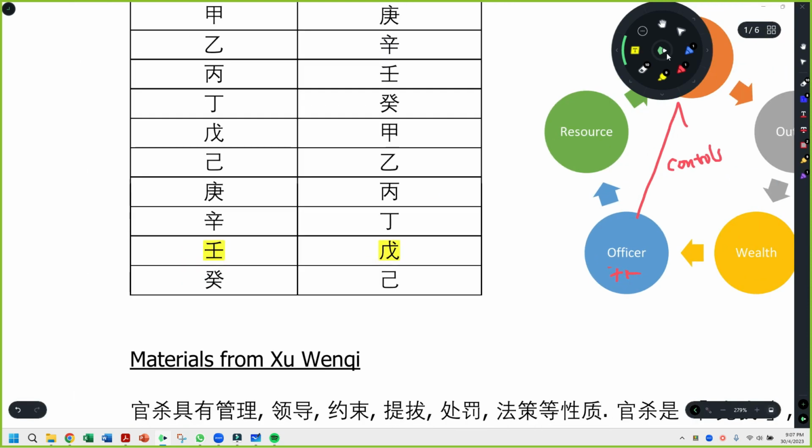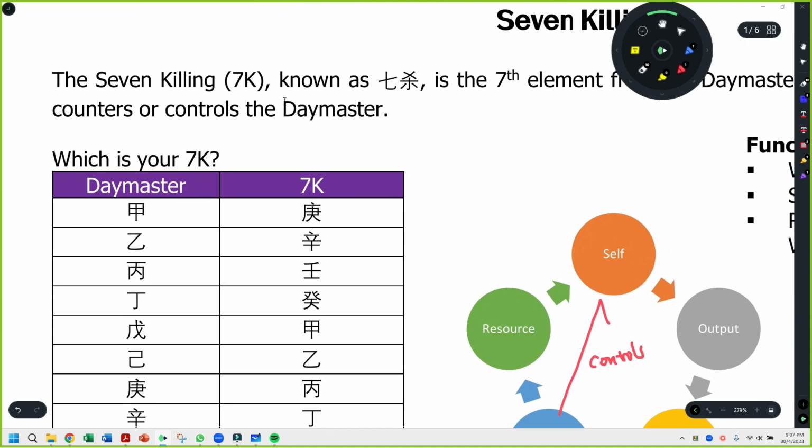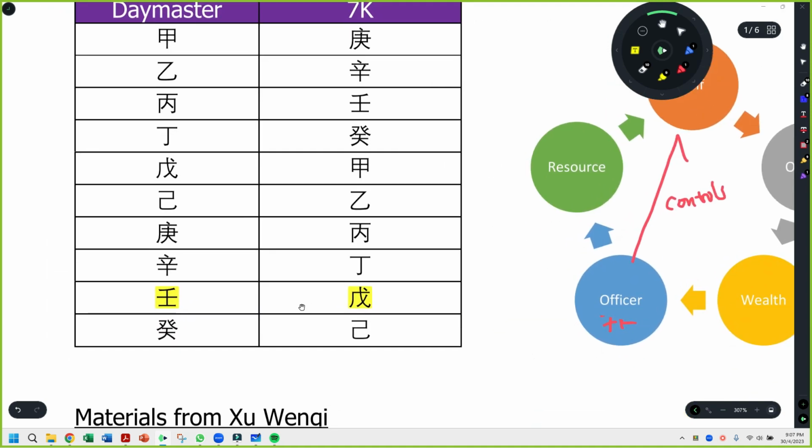So usually the first impression is that Seven Killing is generally unfavorable. But somehow for Yang Water, that is not the first impression. That is itself useful, itself necessary and useful.